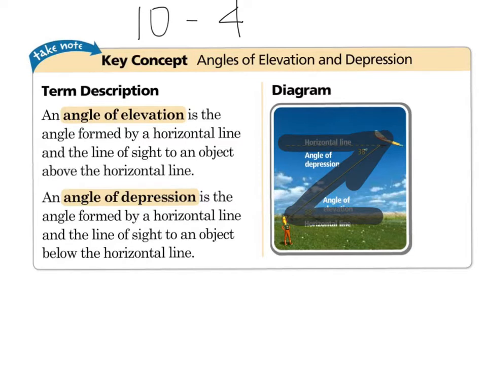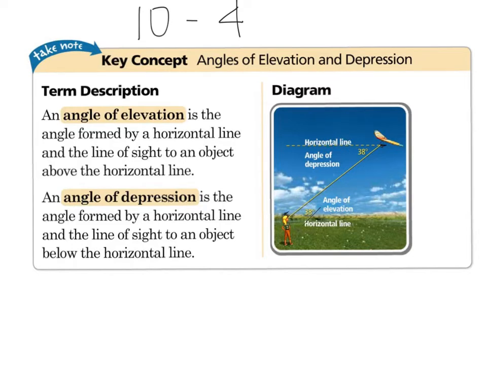A common angle of elevation question is looking at the top of a building or looking at the top of a tree, or you're standing and you're looking at something in the sky. So those basically are your common types of angle of depression and angle of elevation questions.